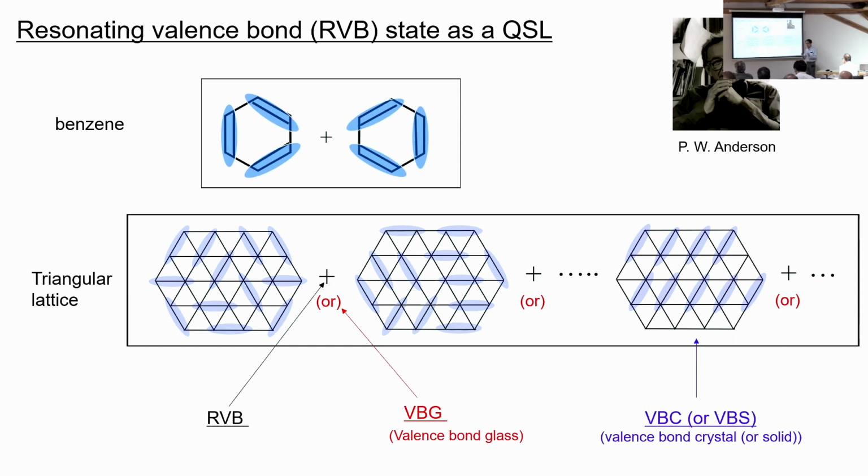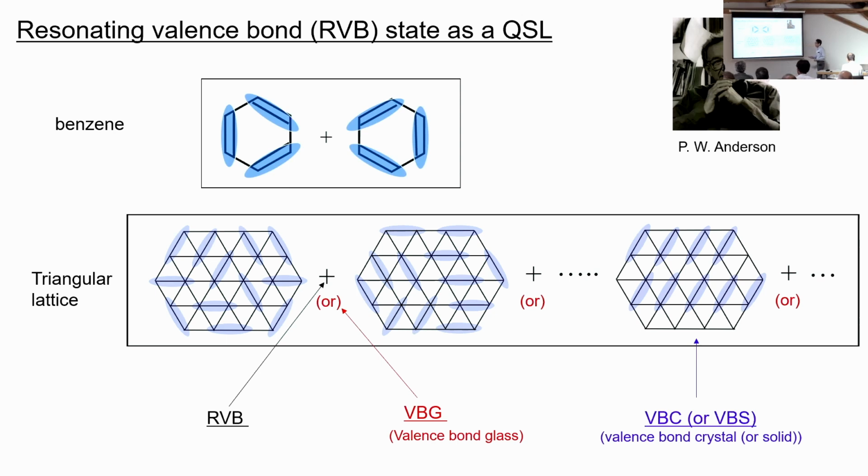Benzene has two degenerate states, and the two degenerate states are quantum mechanically resonating. On a triangular lattice, a similar thing happens, but in this case the degenerate bonding arrangements are infinite. An infinite number of configurations are available, but these are added quantum mechanically. In that case, the RVB is realized.